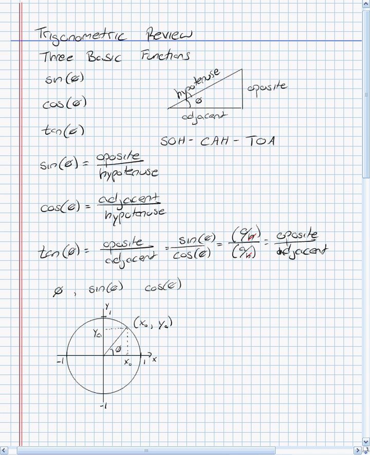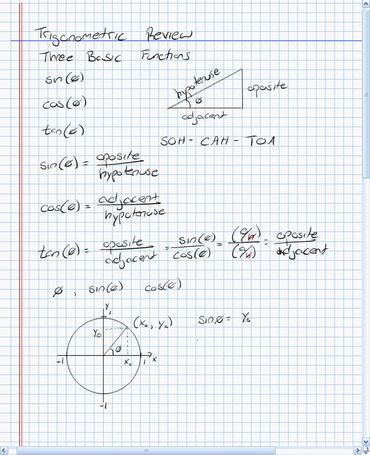Now we kind of made a triangle. It has a hypotenuse of 1, an adjacent side of x0, and an opposite side of y0. So we know sine theta is equal to opposite over hypotenuse. The opposite is y0, and the hypotenuse is 1, so it's just over 1.